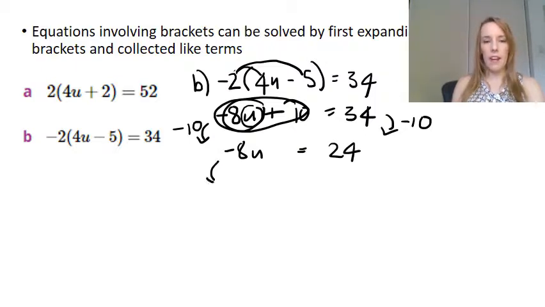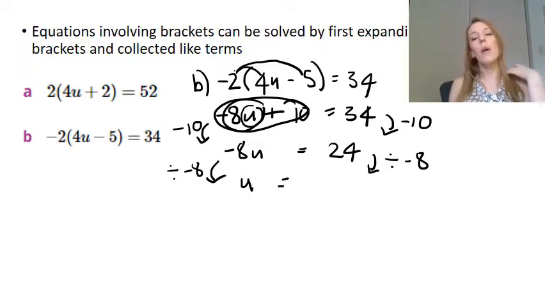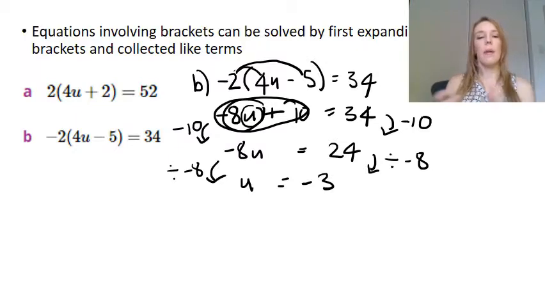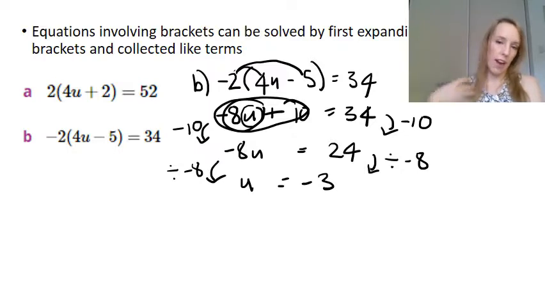So the -8 has been applied to both sides, so we're going to divide by -8. Divide by -8. So u equals, a positive divided by a negative is going to give us a negative, and 24 divided by -8 is going to give us -3. That should be our answer there. So again, you can substitute that back in to check that you got the right answer.